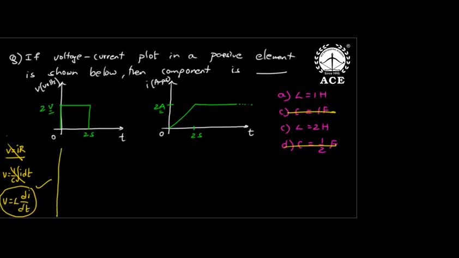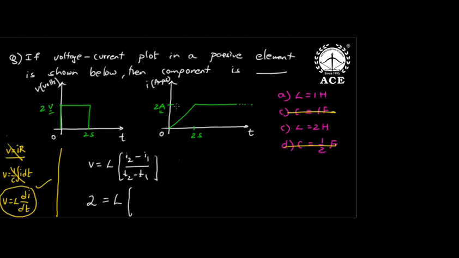Then if you write the same formula, V is L into di by dt. But di by dt means I2 minus I1 by T2 minus T1, that is change in current by change in time. Now the inductance value we don't know, but we know the voltage induced, which is 2 volts, because it is given in the graph.